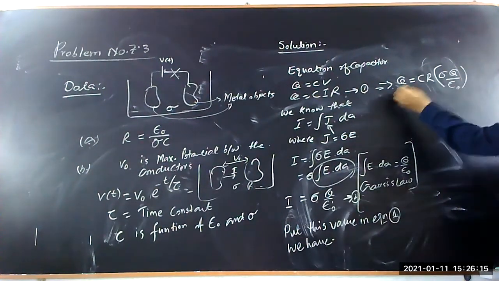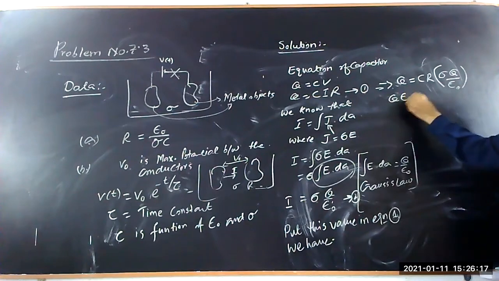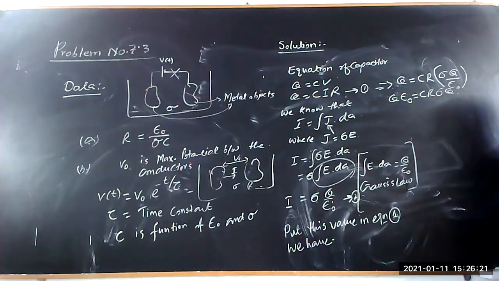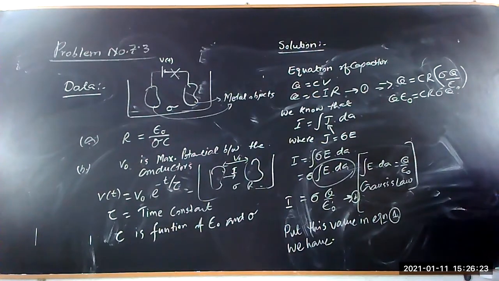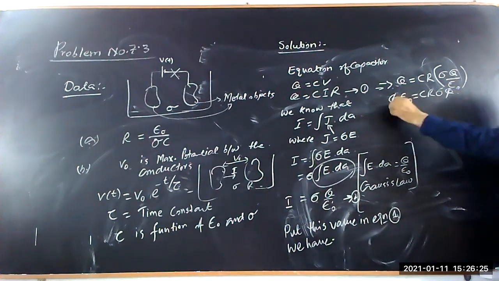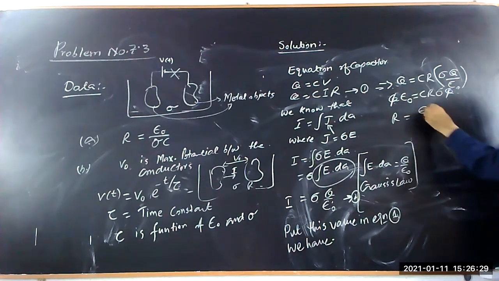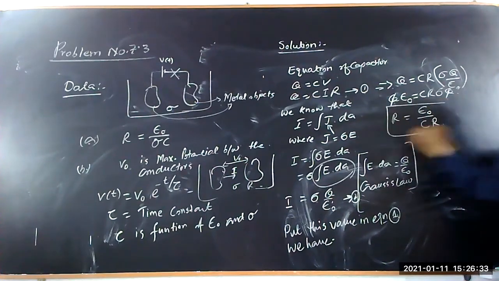So, cross multiplying, Q epsilon naught is equal to C R sigma Q. Here Q cancels. So R is equal to epsilon naught over C sigma.